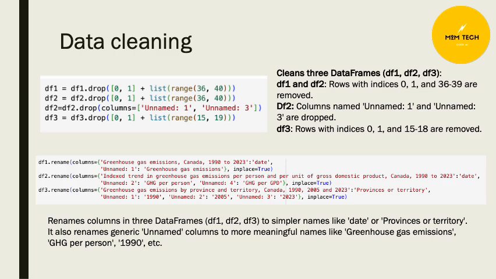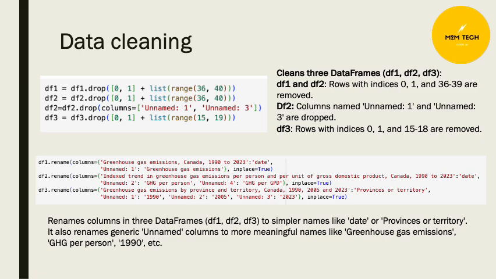After importing the data, I cleaned all three data frames. For DF1 and DF2, I removed unnecessary rows at the top and bottom, specifically rows with indices 0 and 1, 36 to 39. And for DF2, I also dropped extra columns labeled like Unnamed 1 and Unnamed 3.